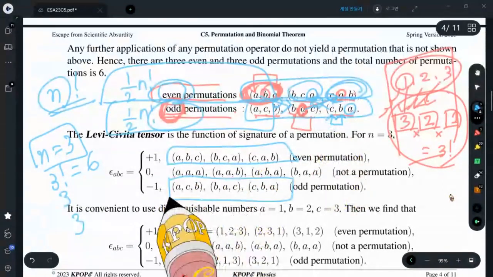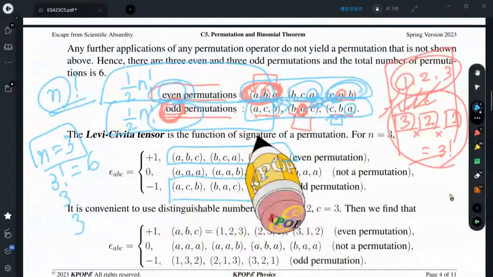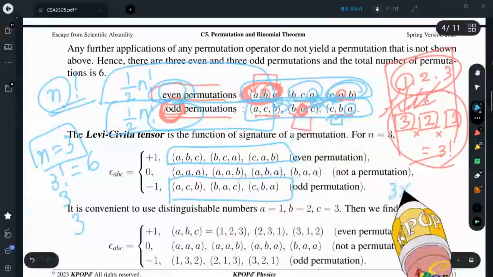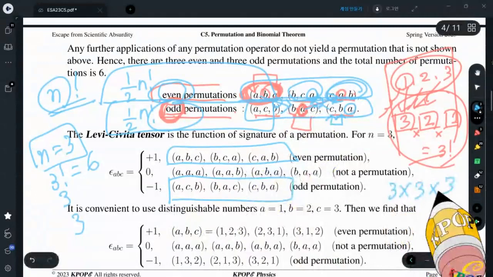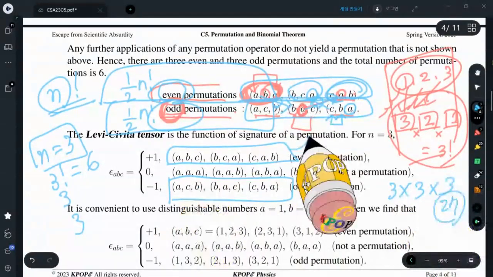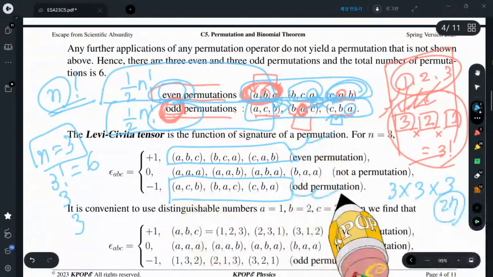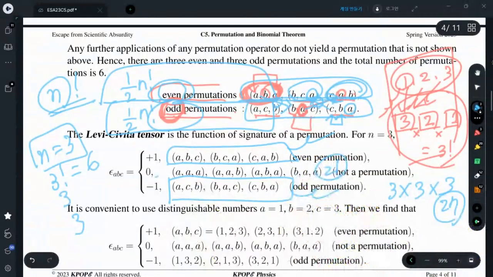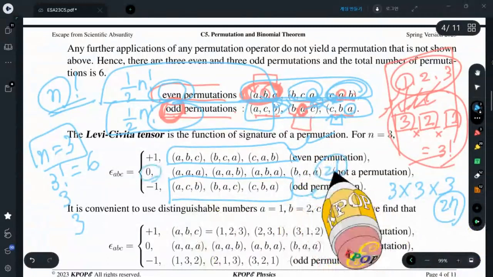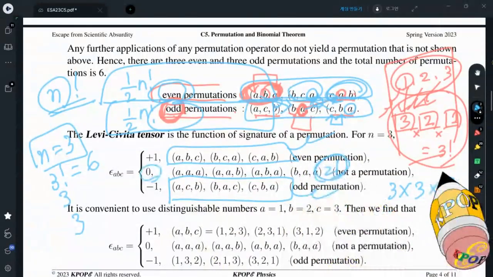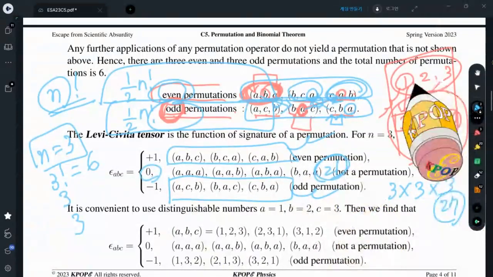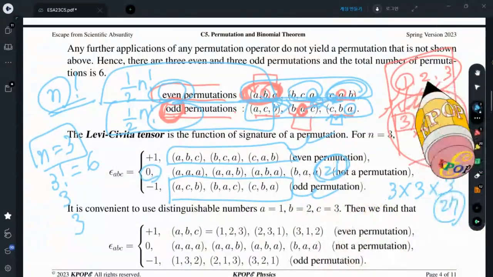Except that we can apply arbitrary numbers among 1, 2, 3. So we have all possible cases, 3 by 3 by 3, 27 cases. So except for these 3, 3, so 6, we have 21 with no permutation. Okay, so let me see the tensor for 3 elements, 1, 2, 3.